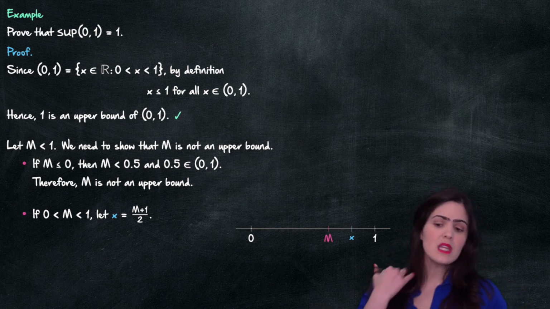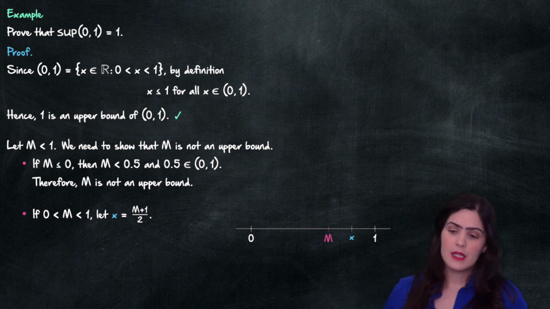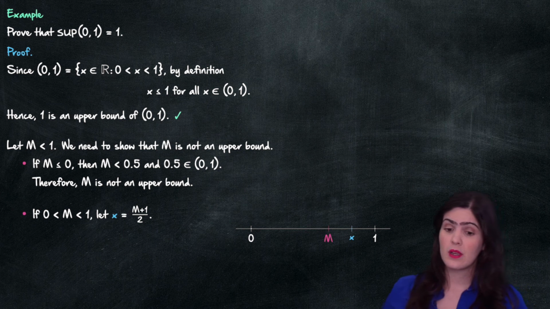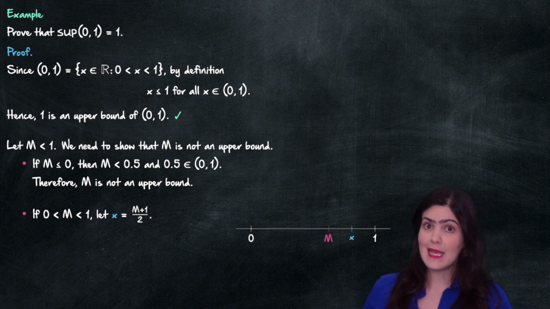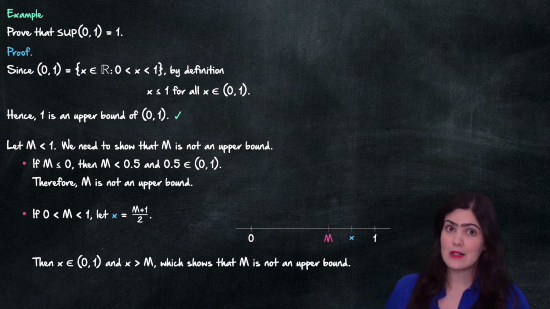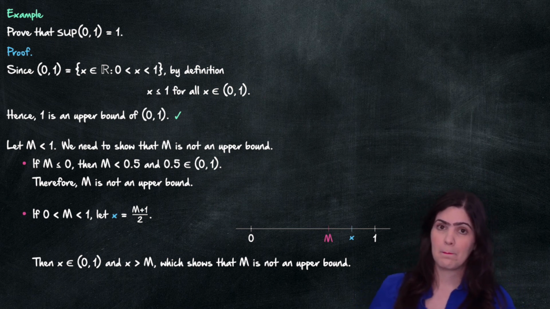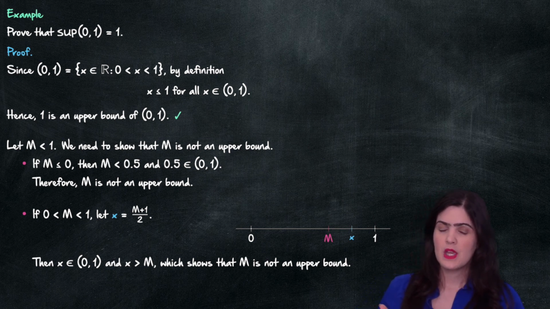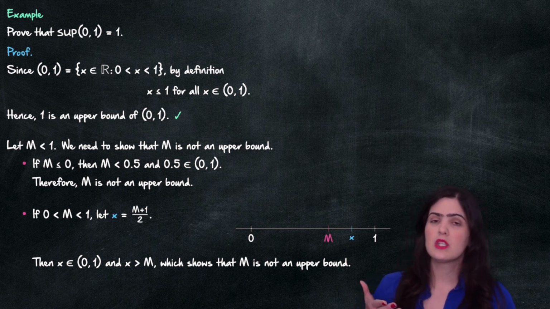Then we have that this number is bigger than 0 and less than 1, so x is in the open interval (0, 1). And x is bigger than m by the way we constructed it.